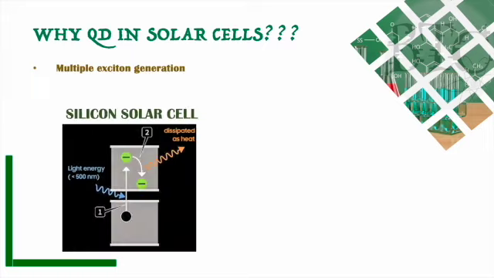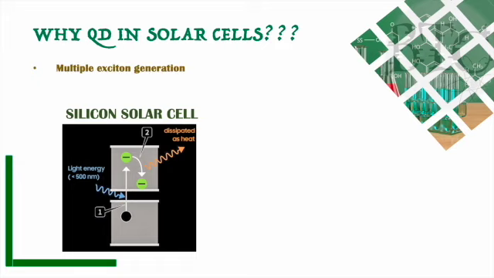I have a figure here on the left which is of a silicon solar cell. Here you can see that the light energy is absorbed by the electron. It jumps to a higher energy level. Okay, and then what happens? It comes back to the lower energy level and a certain amount of heat is dissipated, which means the heat is lost, the energy is lost over here.